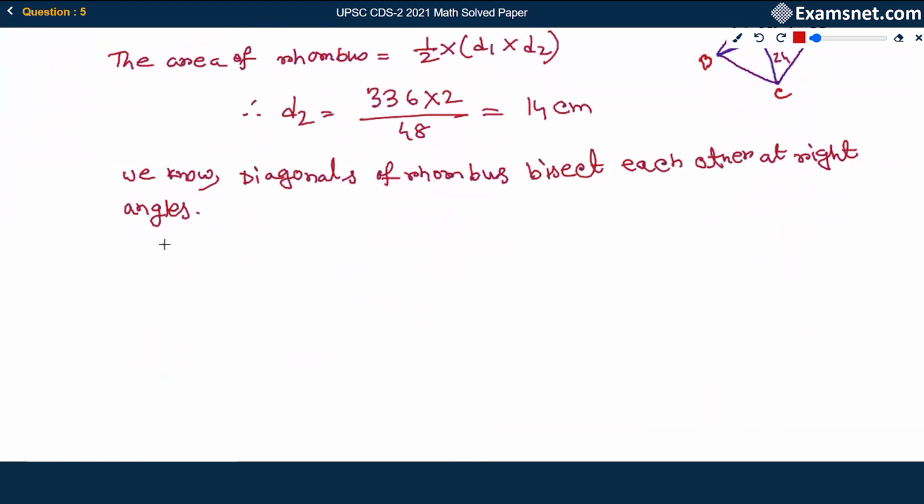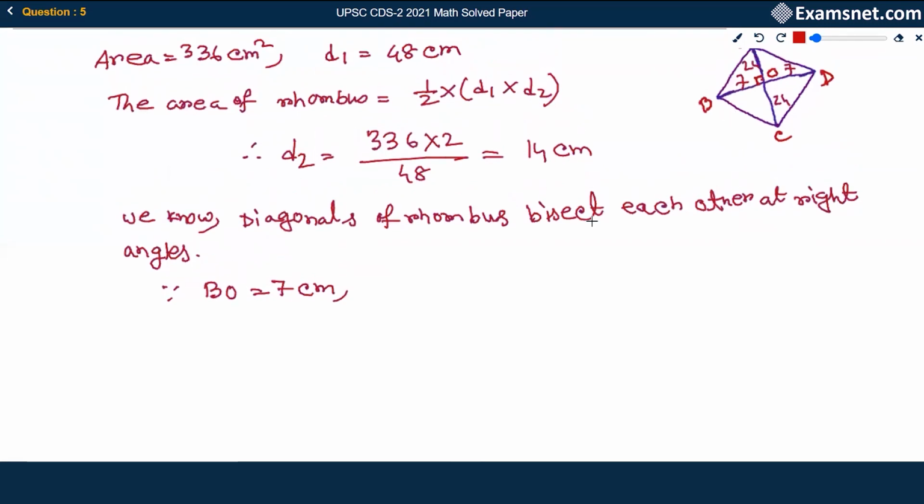Okay, so therefore we got BO as 7 centimeter, and let's say OC as 24 centimeter. Now look here, this angle BOC is 90 degrees. That means triangle BOC is a right angle triangle, right?